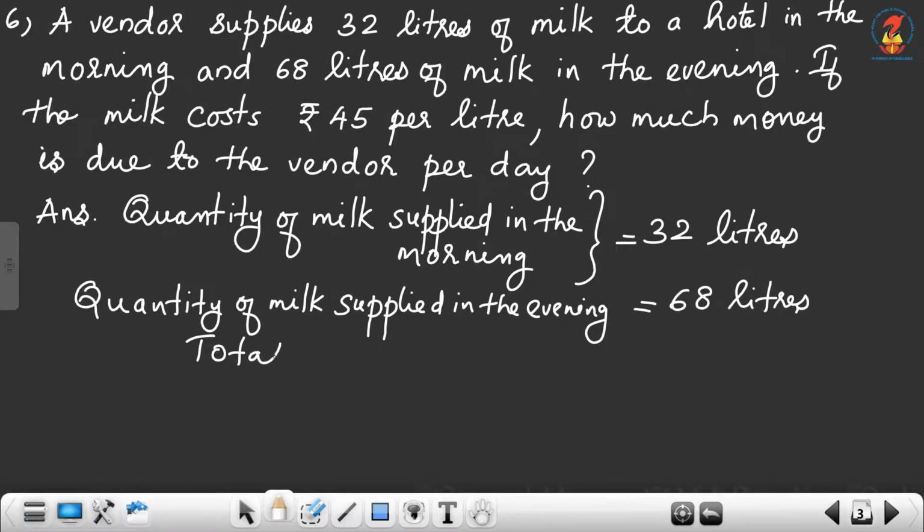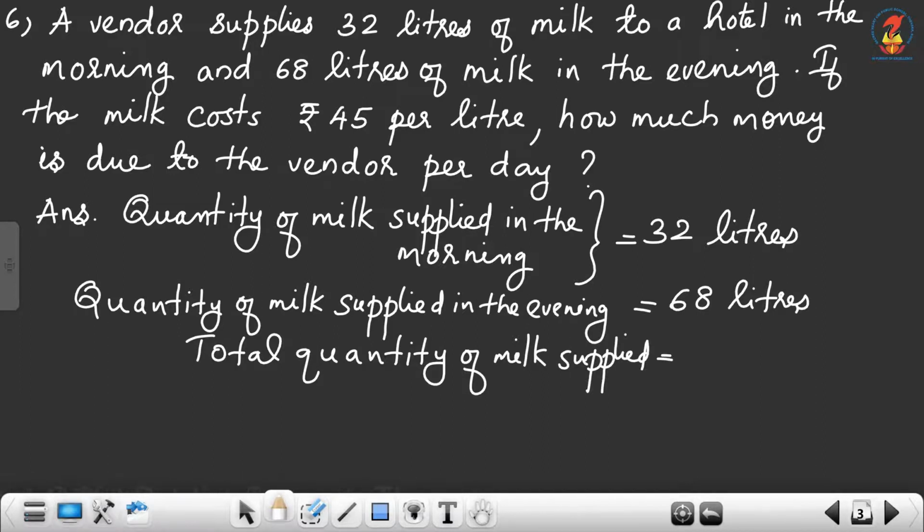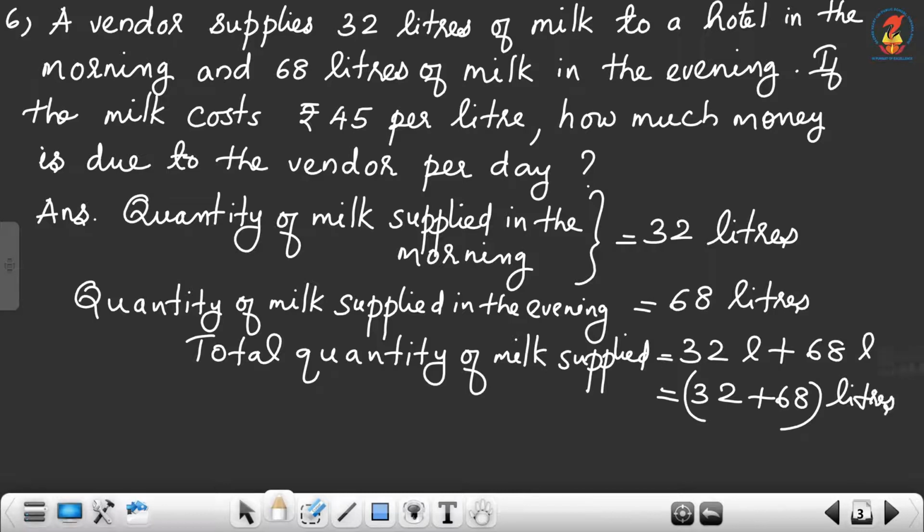So, total quantity of milk supplied is equal to 32 liters plus 68 liters. So, we can write like this: 32 plus 68, put the bracket, this much liters. That is the quantity of milk supplied.